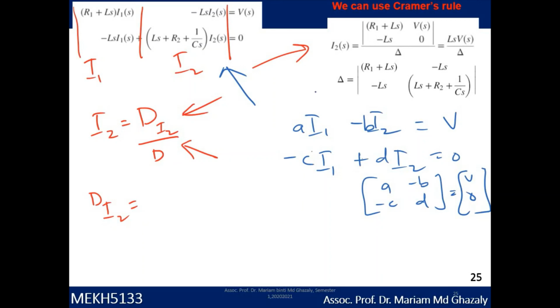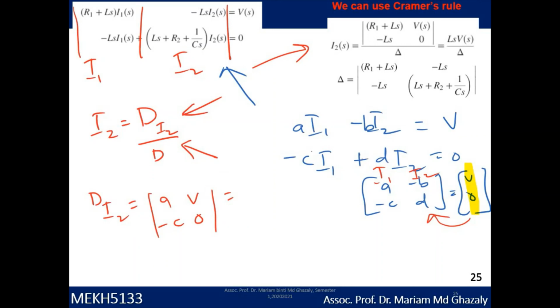So for the determinant of I2, you refer to this one being I1 and this being I2, right? Remember, you need to substitute this value into the I2 column. So you have V, 0 over here, and then you have A and minus C. Then you can find the equation.